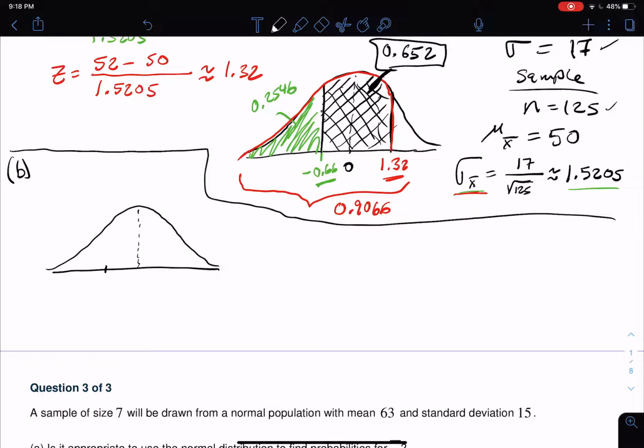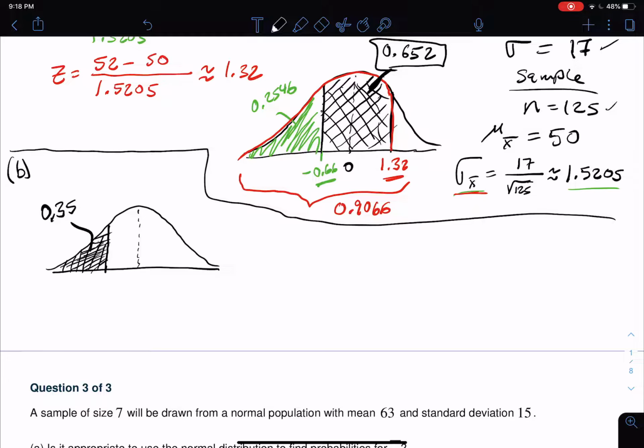If I put a mark right there, 35th percentile means that 35% of the data is below this position. That means when they say 35th percentile, the area is 0.35.